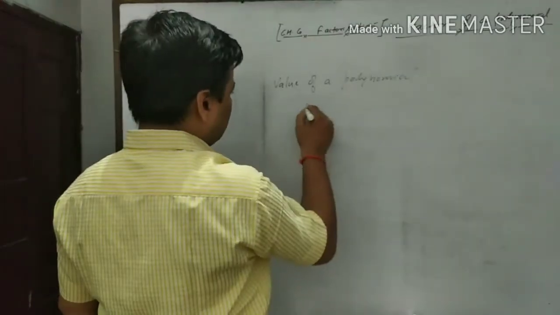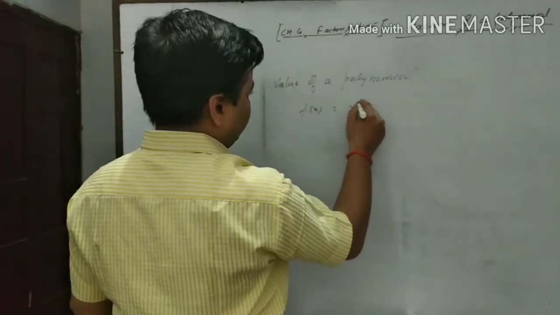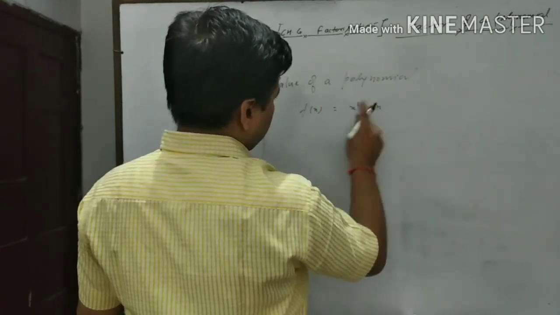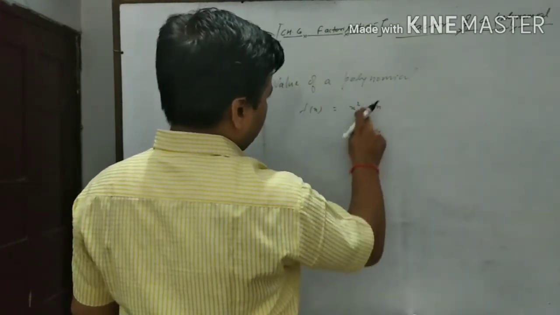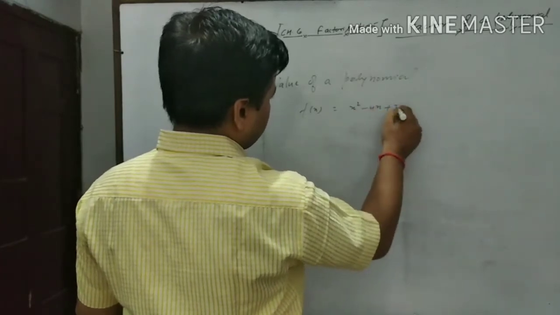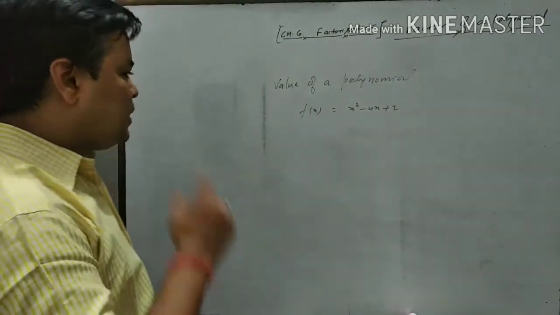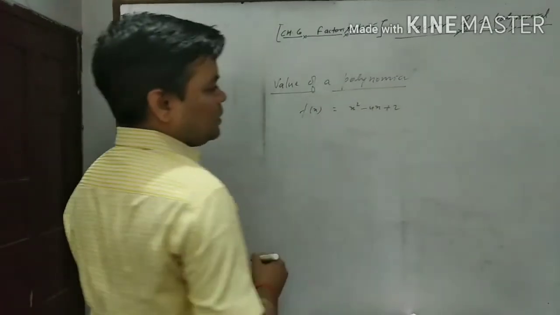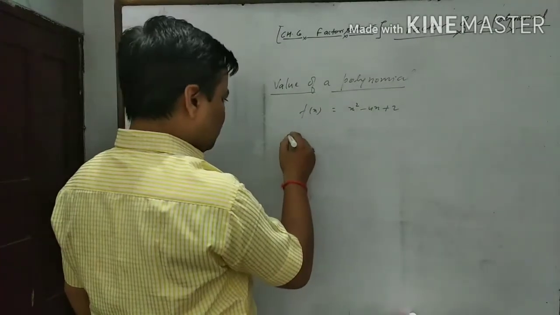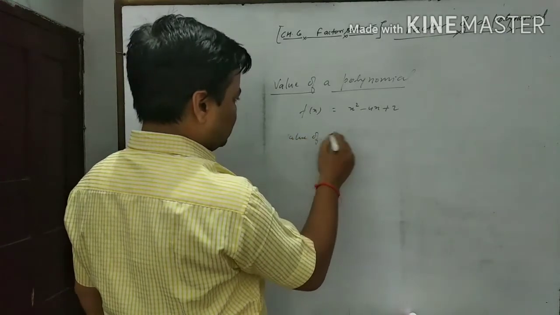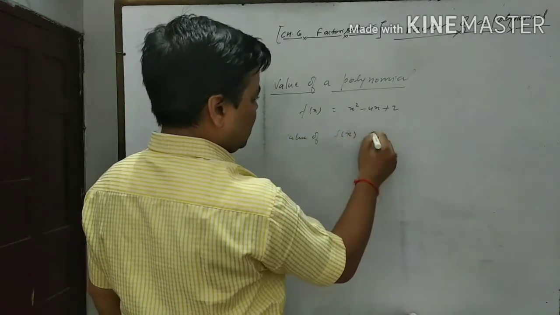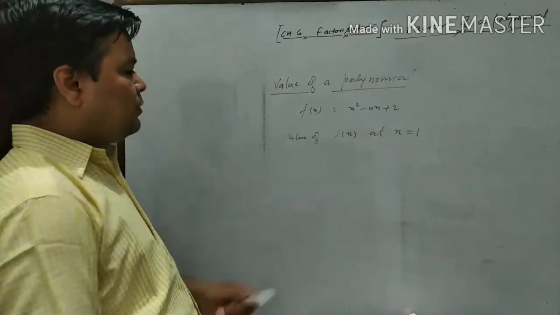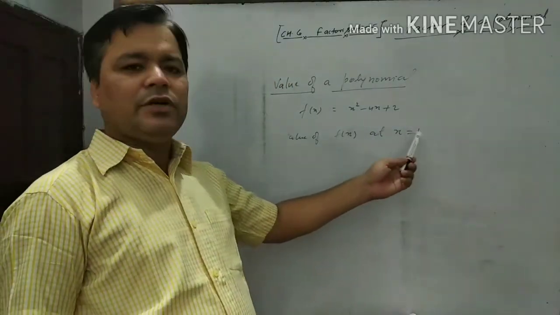If we have a polynomial f(x) equal to x² minus 4x plus 2, and we want to find the value of the polynomial f(x) at x equal to 1.